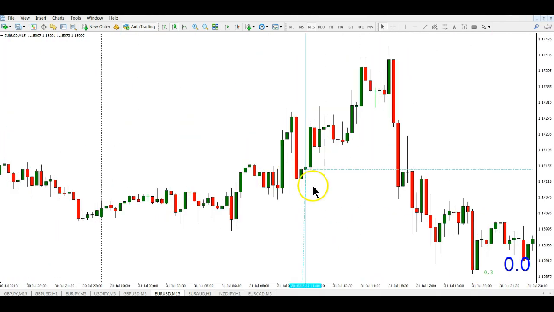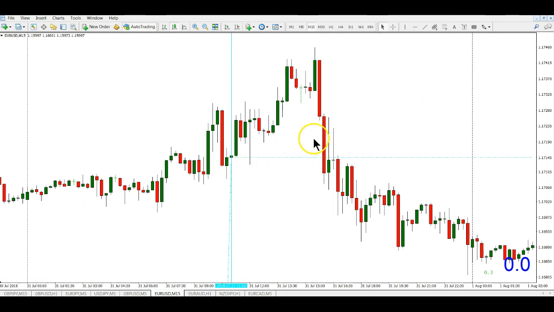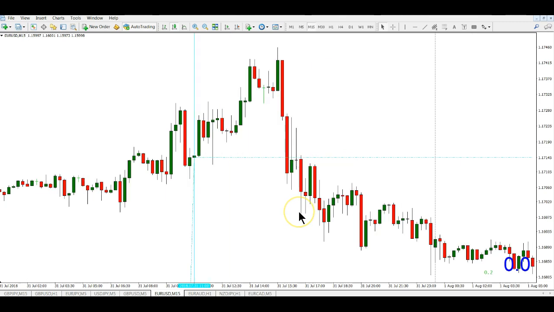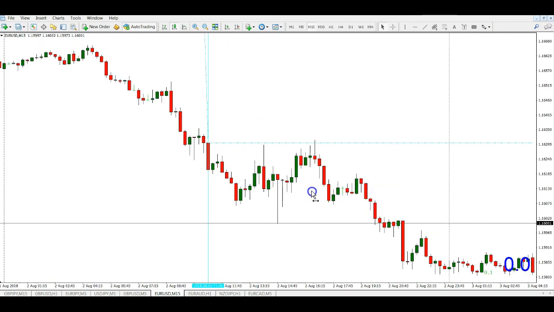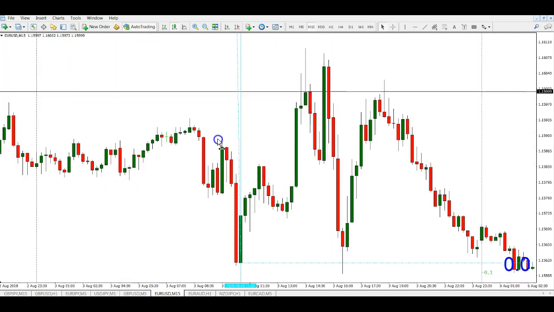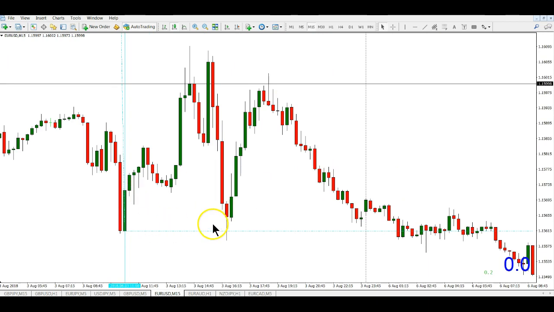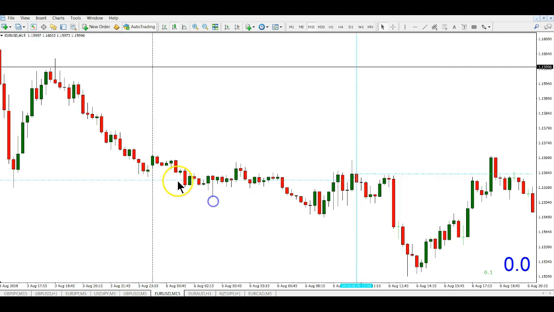Now when price comes back to it, you can see where it acts as support or resistance. It may not bounce and continue in the direction it bounced, but it does give forms of support and resistance.